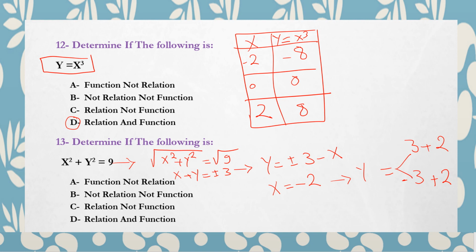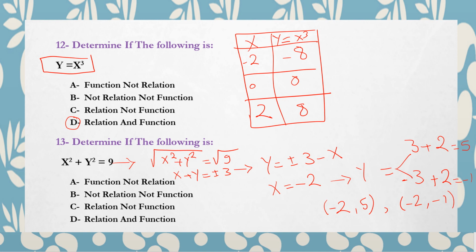So 3 plus 2 equals 5, and -3 plus 2 equals -1. So if x equals -2, the value of y would be 5 and -1. So -2 and 5, and also -2 and -1.